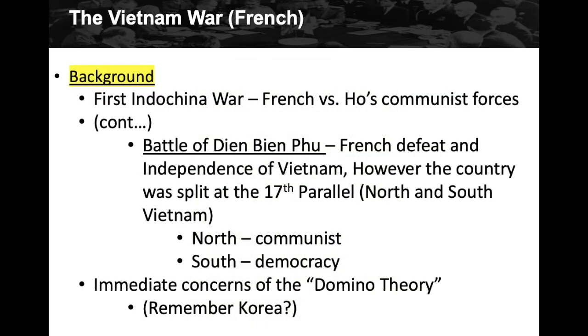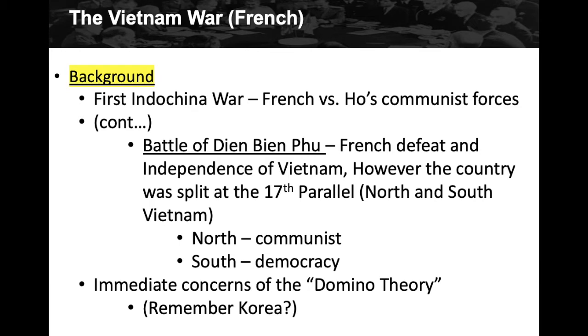Okay, so the First Indochina War, continuing that, the French and the communist Ho Chi Minh forces are fighting, and there's a decisive battle called the Battle of Dien Bien Phu. And this is a French defeat, and this is a big deal.